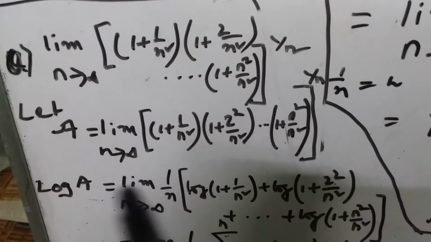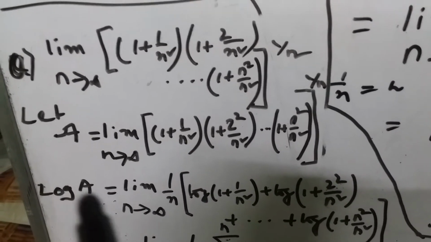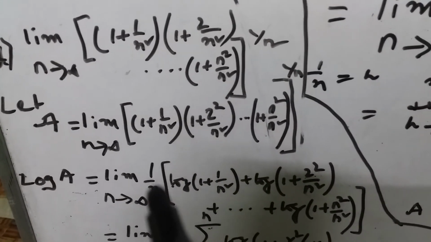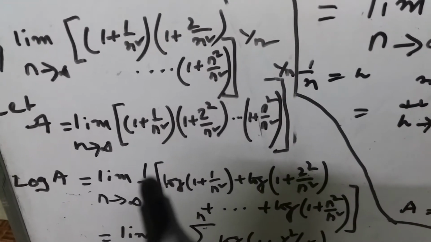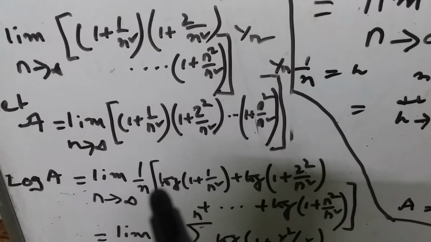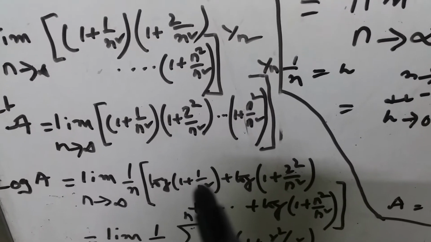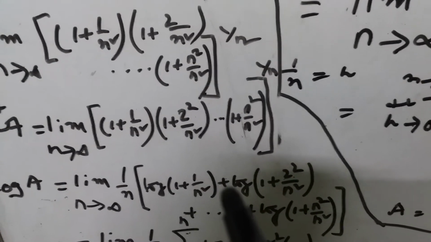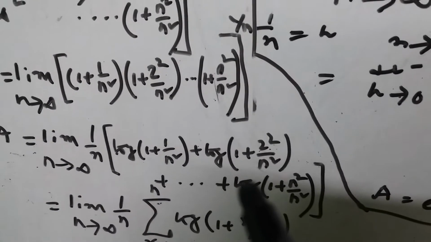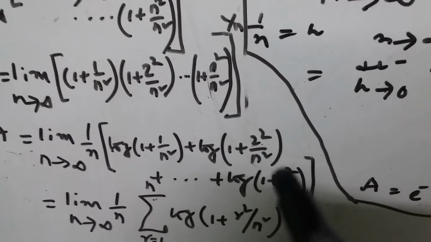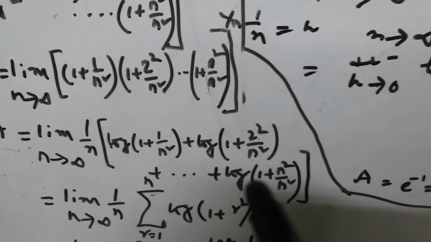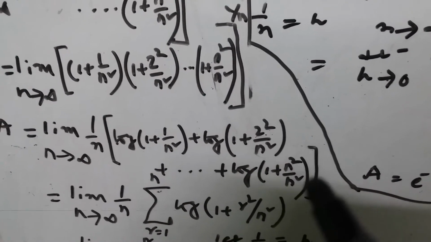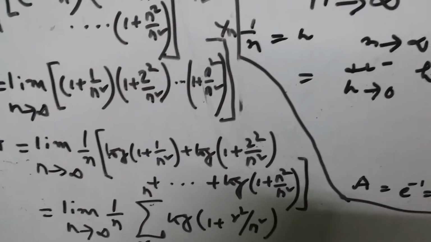Taking log both sides, you get log a, and if you take log, then the power 1/n comes here, so log a equals 1/n times [log(1 + 1/n^2) + log(1 + 2^2/n^2) + ... + log(1 + n^2/n^2)].